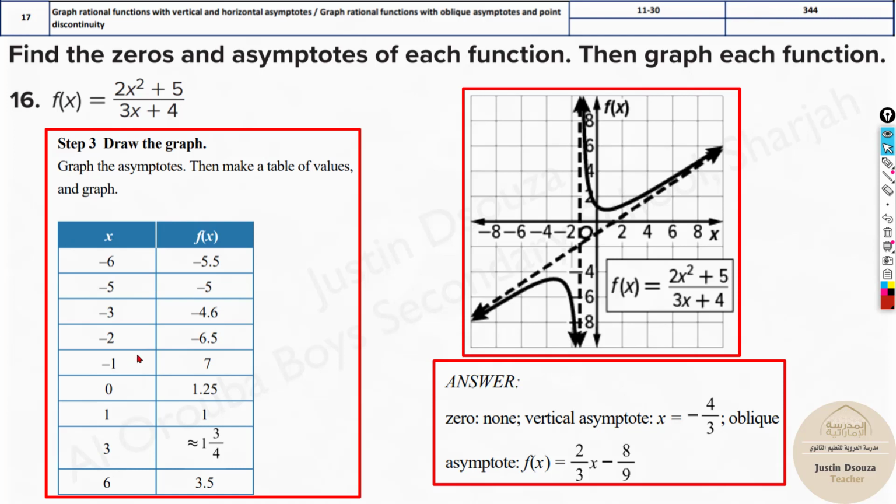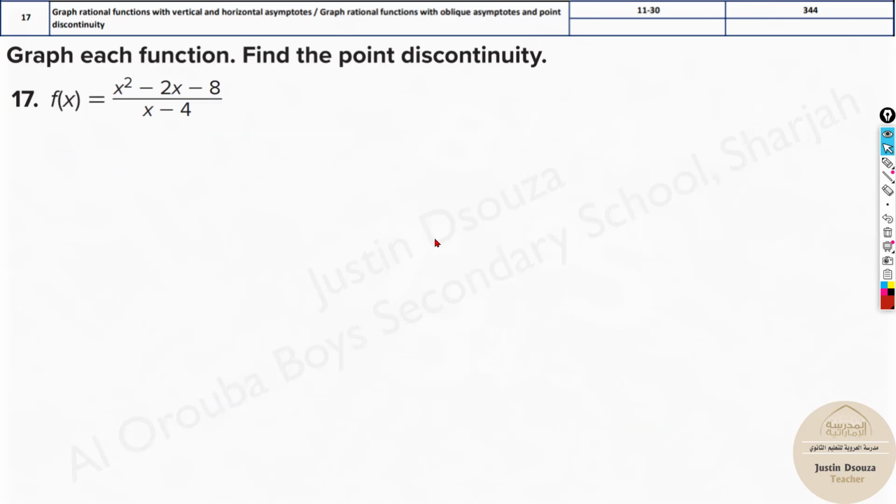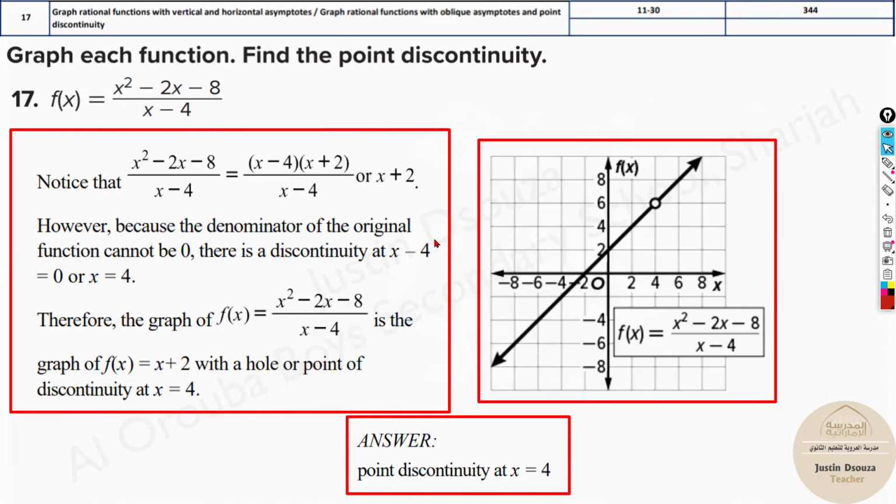And from just this table of values, you will have a brief understanding of how the graph is. You can predict the vertical asymptote and the oblique asymptote somehow, but it's very easy to find the vertical asymptote. So always just make the denominator equal to 0 and solve. Whereas for the oblique asymptote, here you get a better understanding as well. So similarly, you can solve these.